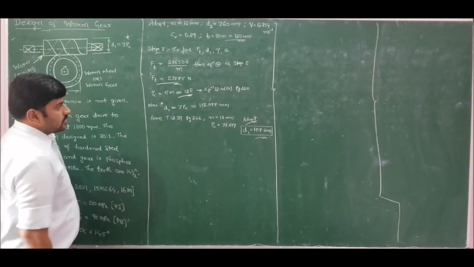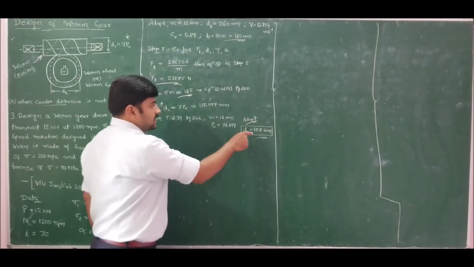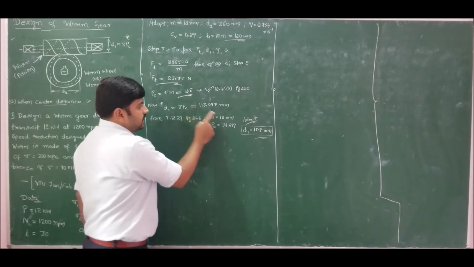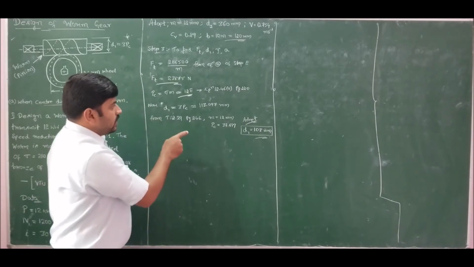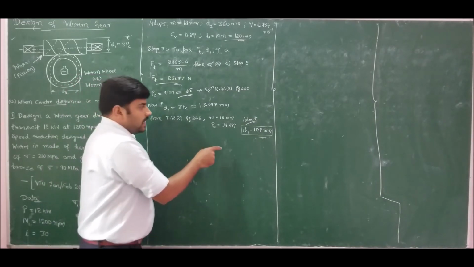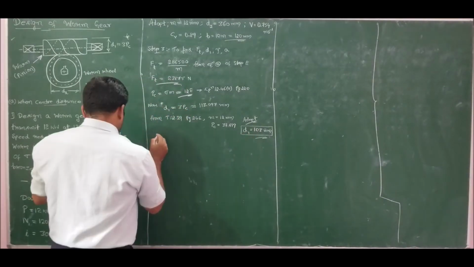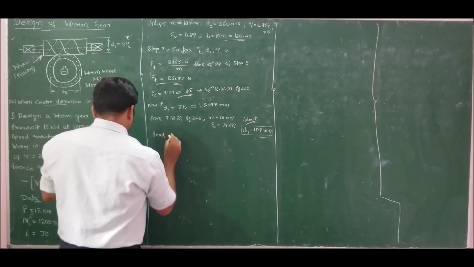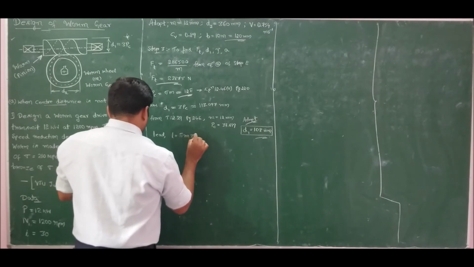We have one more answer, that is 216. 216 is very far from 113. The closest value to 113 is 108. So I am choosing the worm gear with module 12, circular pitch 37.699, and diameter of the worm as 108 millimeters. We know that lead is given by L equal to pi m Z1.